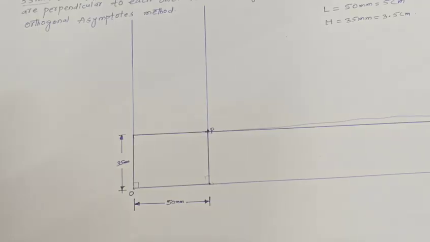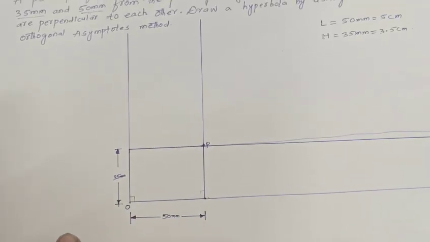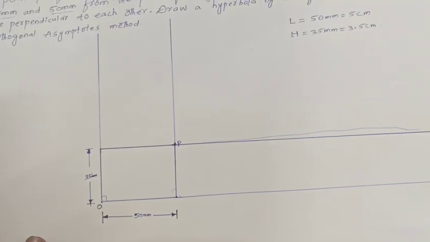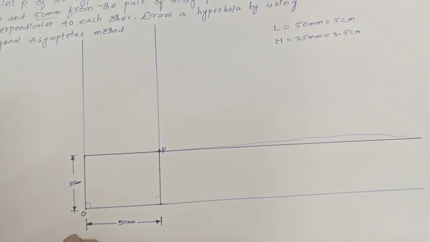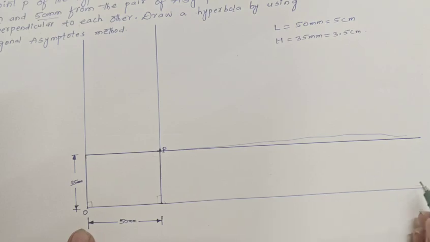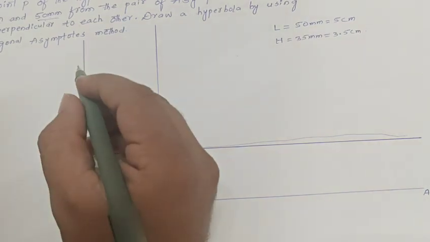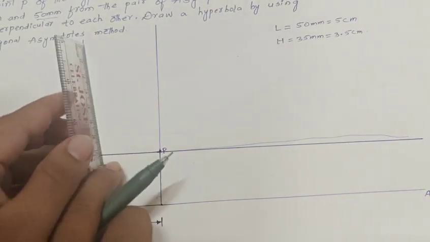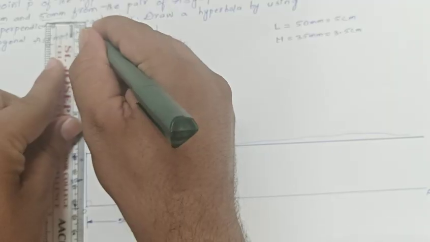After that, this point is called O and this point is called A, and this point is B. Always remember, both of these lines should be equal.